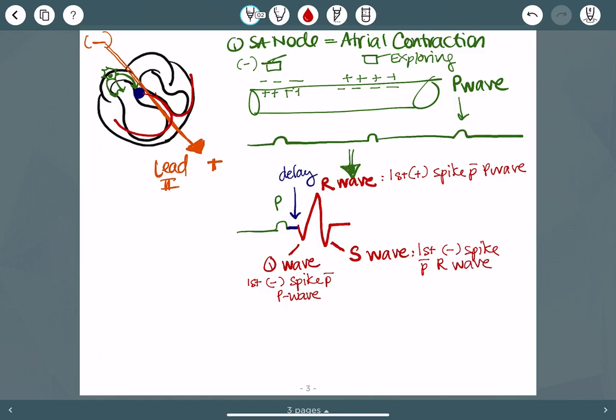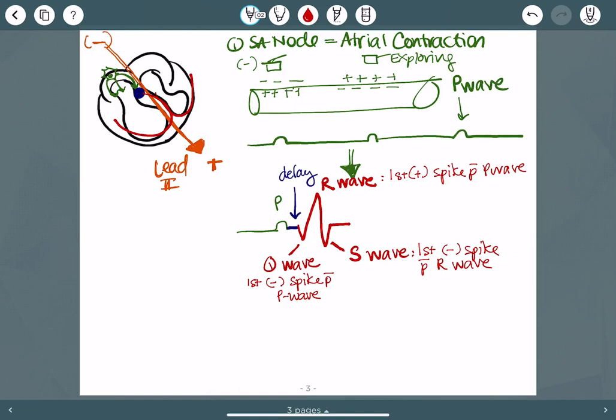So if you don't have a Q, and it just is flat and the first thing that happens is a positive deflection, you would still call that an R wave, because an R wave is the first positive spike after the P wave. The fact that they're not always present has to give us those really specific definitions.